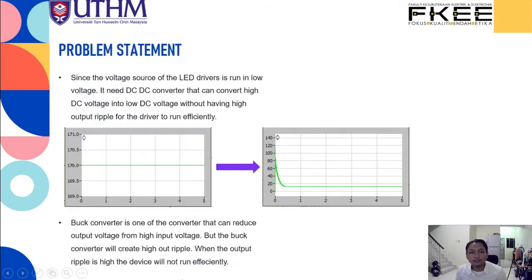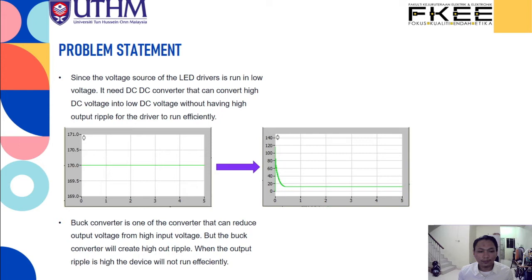Okay, for the problem statement, since the voltage source of the LED driver runs on low voltage, it needs a DC-DC converter that converts high DC voltage into low DC voltage without having high output ripple, for the driver to run efficiently. This is the image of a buck converter, which decreases the voltage from 170 volt into 12 volt. The buck converter is one of the converters that can reduce output voltage from a high input voltage, but the buck converter will create high output ripple.